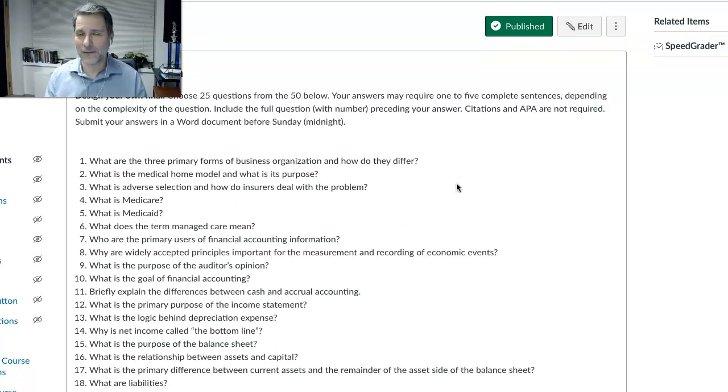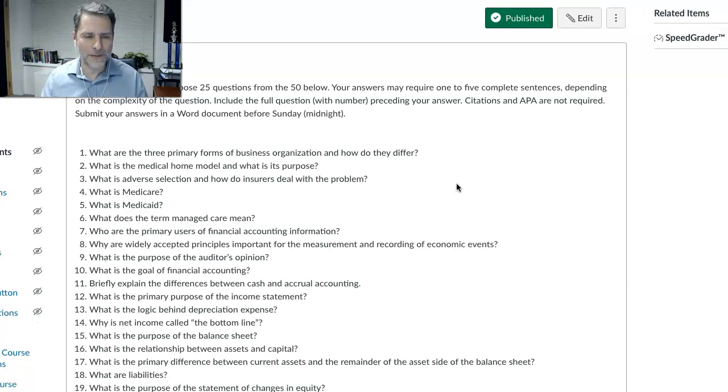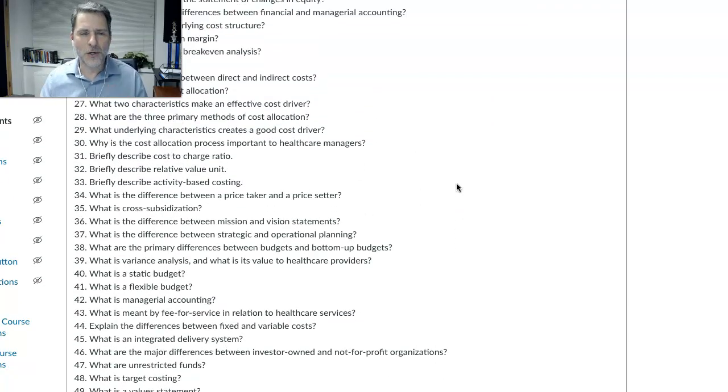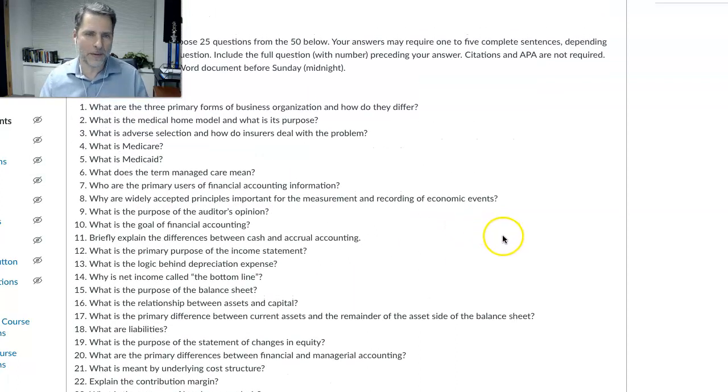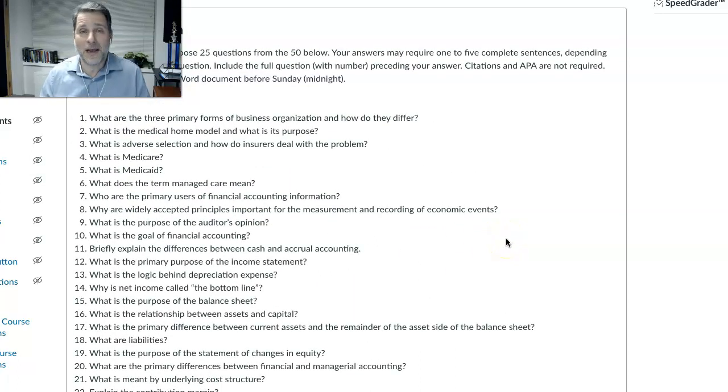And you might have to look up some of these things as you're going through here, which is perfectly fine. But in the design your own final, we have 50 questions to choose from. You're going to pick the 25 that resonate the most with you. Maybe they're the 25 easiest. I don't know. Totally up to you. But the first thing I'm looking for is, did you pick 25 questions?